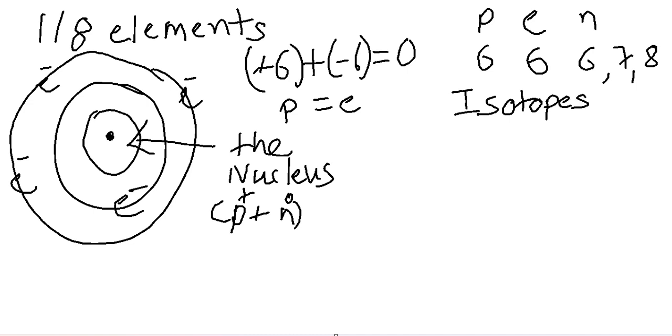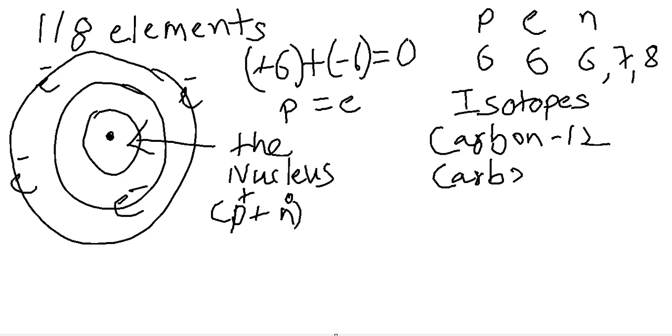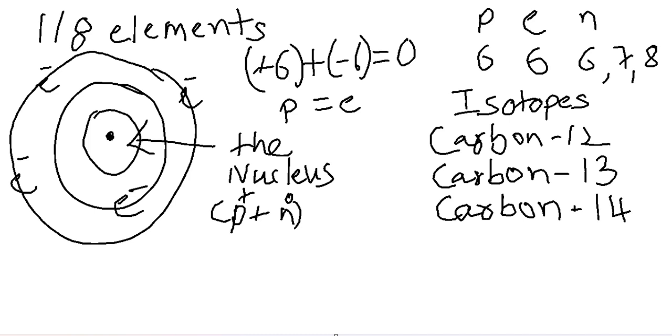Carbon's isotopes are carbon 12, carbon 13, and carbon 14. Where did I get these numbers? 12, 13, 14.